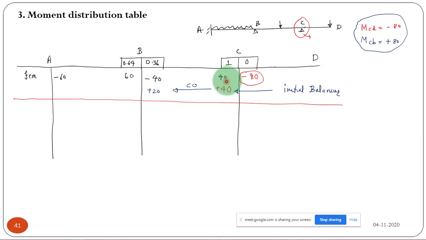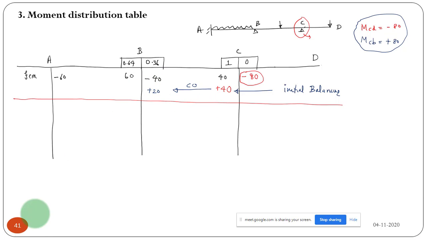Currently the value is plus 40, so we can make it plus 80 by adding plus 40 here at joint C. The far end is joint B, which is a continuous support. Because it is a continuous support, half of the moment should carry over to the far end joint B. So plus 40 is applied, and plus 20 will be the carryover moment.